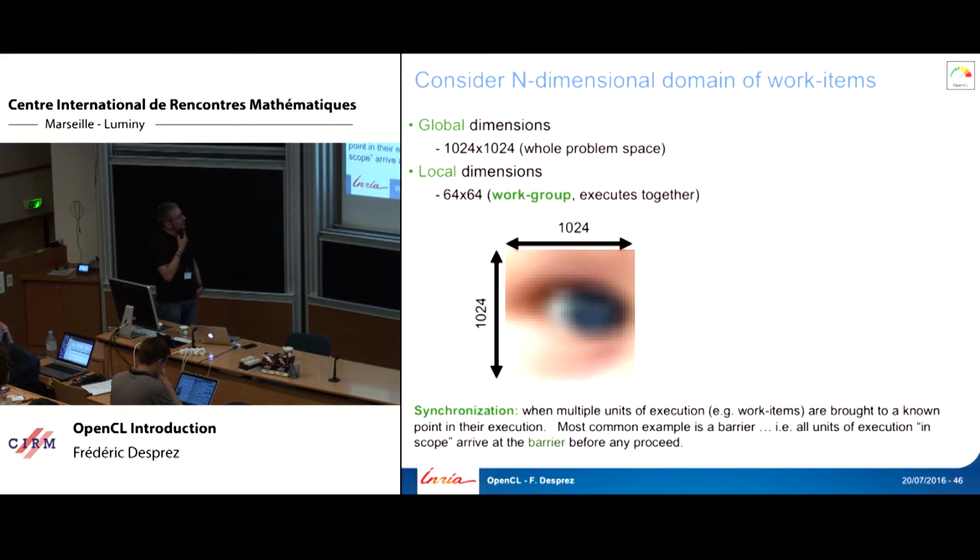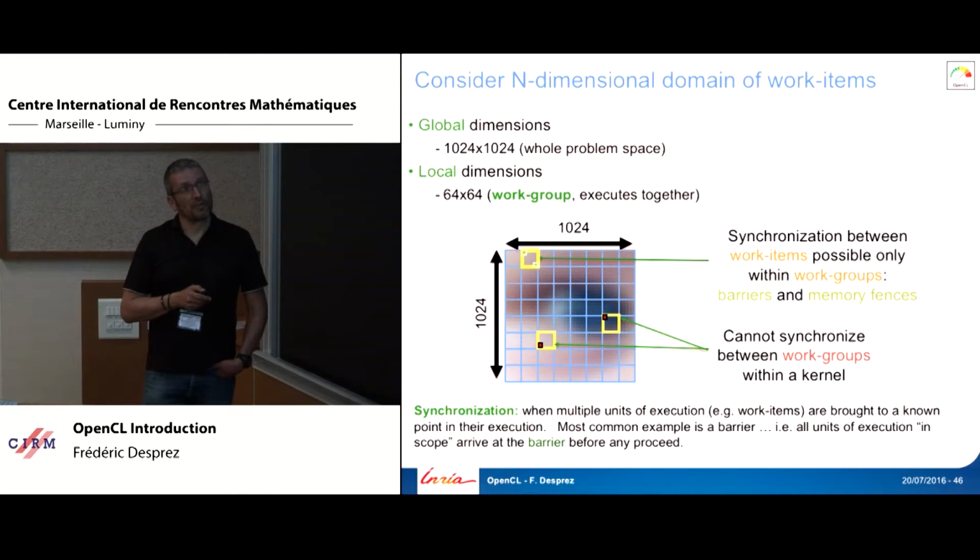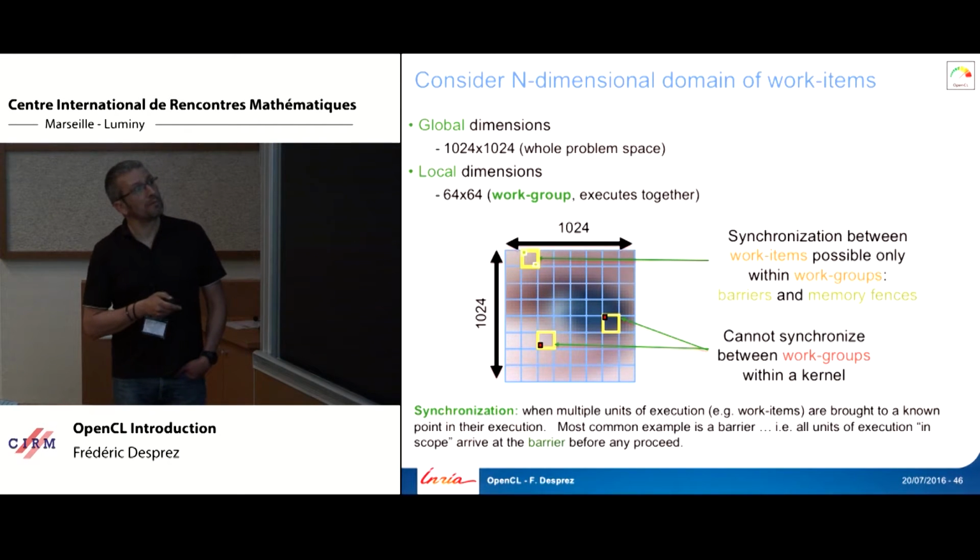And when you want to synchronize the execution between work items, as I said, it's only possible within each work group. So you can have explicit barrier calls and memory fences. And you cannot synchronize between work groups within the kernels. The only way is to have different kernels to have synchronization between work groups.